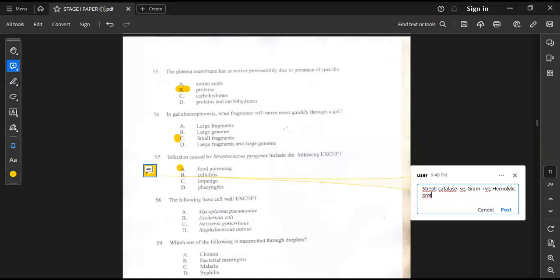This pyogenes is beta hemolytic. This means there will be full hemolysis of RBCs. It's also capsulated.